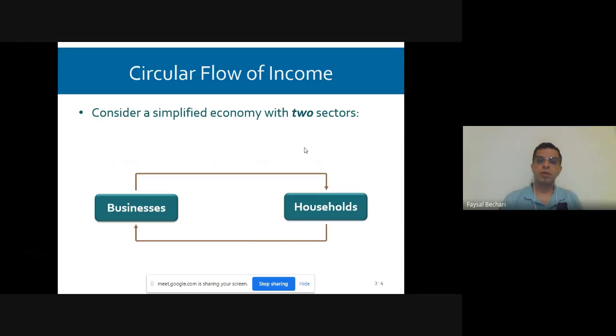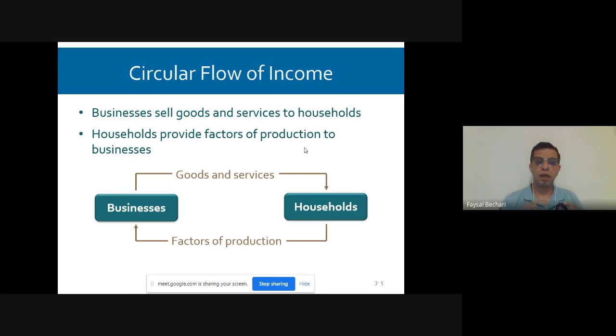So there is a circular flow you need to keep in mind. Consider a simplified economy of two. Every economy is made of business and household. Businesses sell goods and services to households, and in return, households provide factors of production to the business.